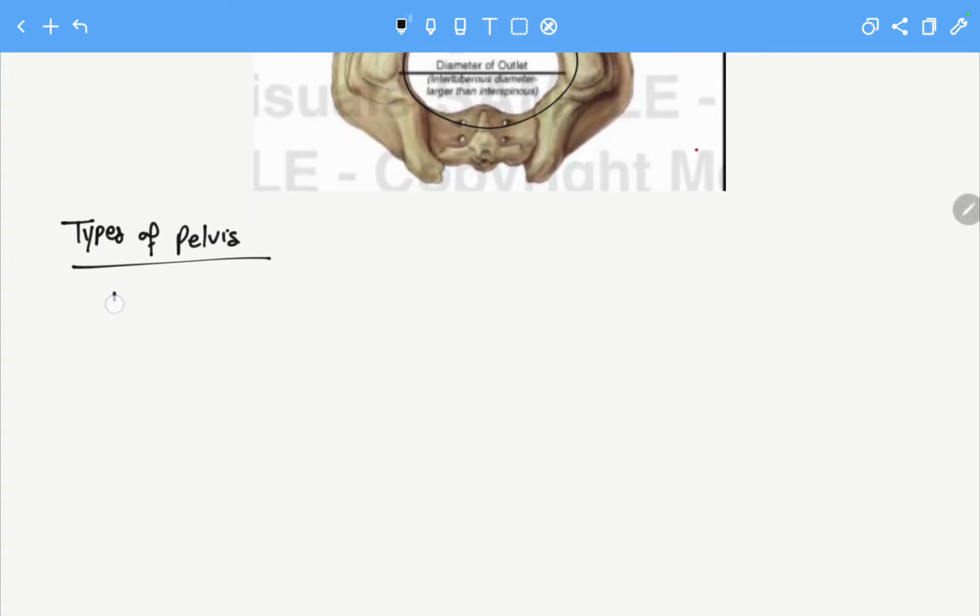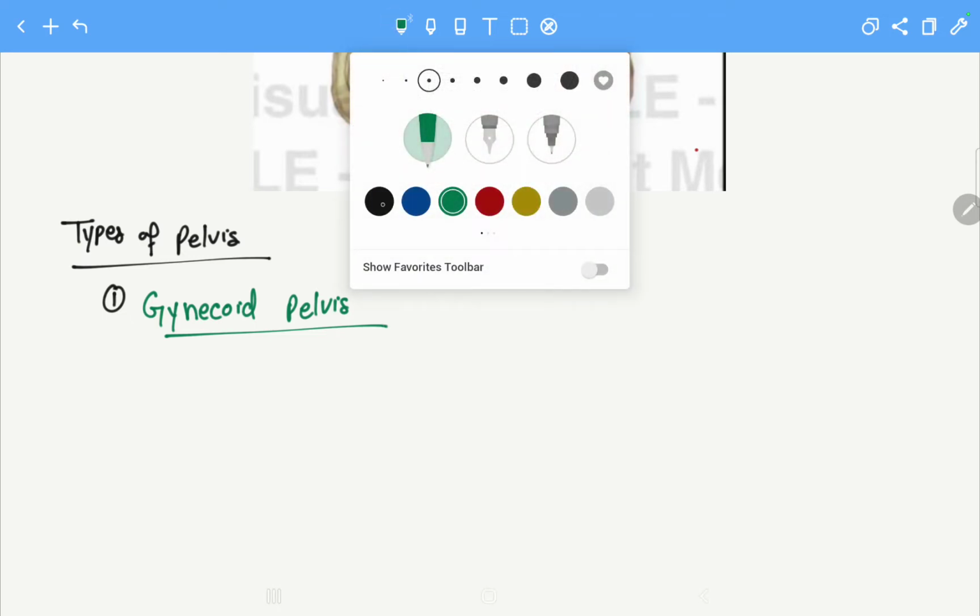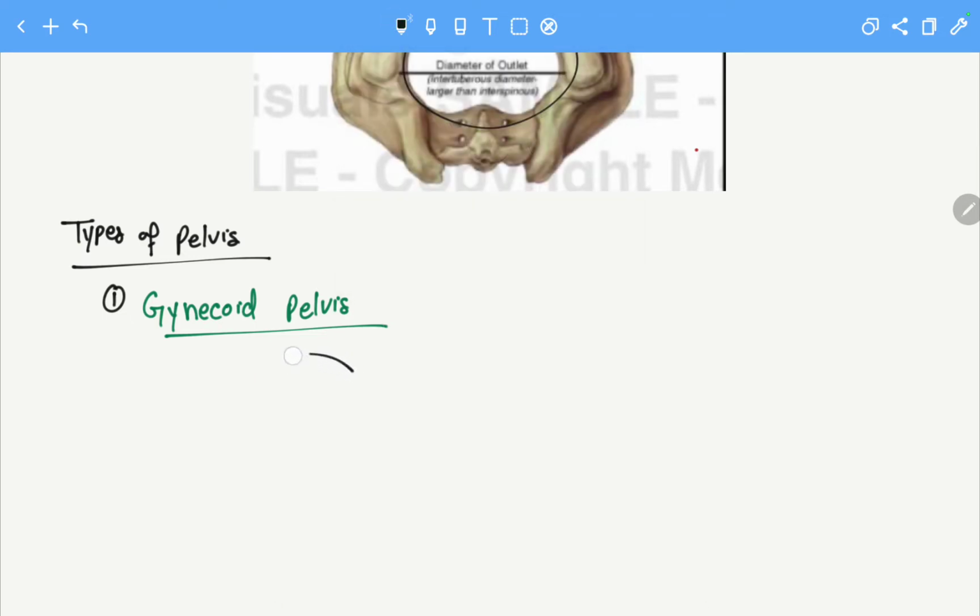So the first type is the gynecoid pelvis.